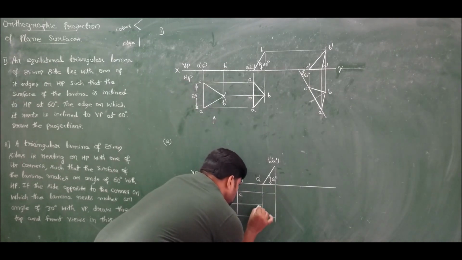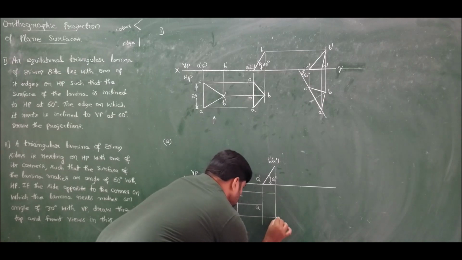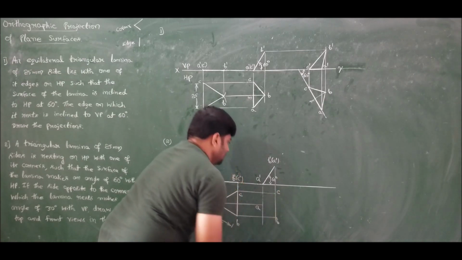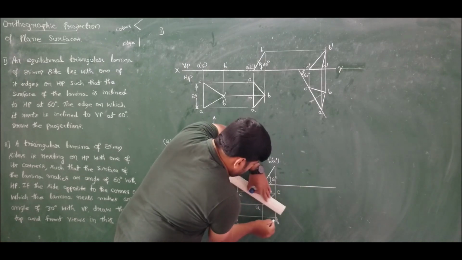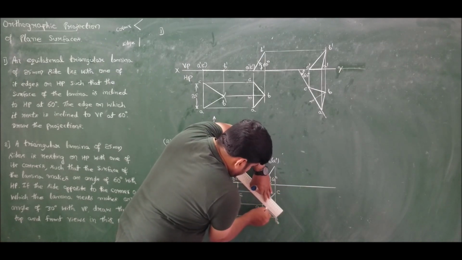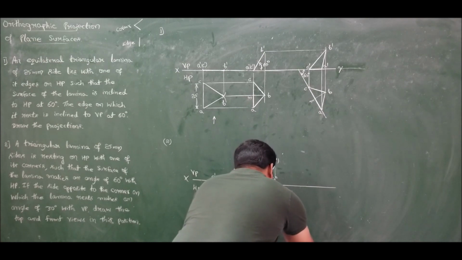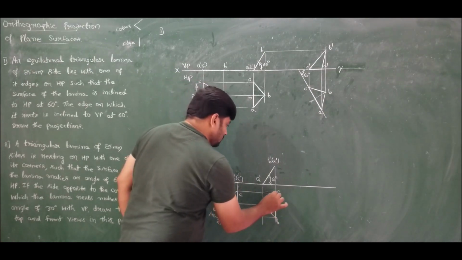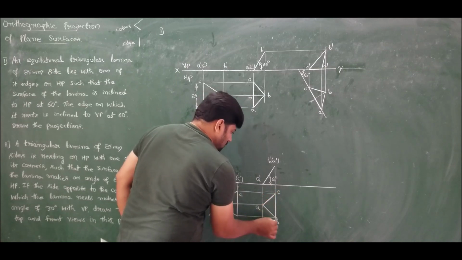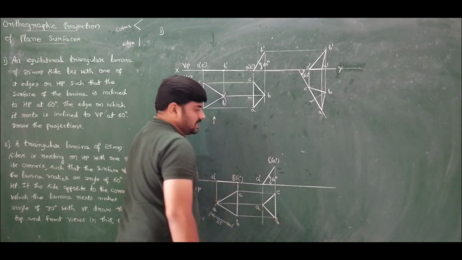So I got A, B and C. Now join this with a very thick line to get the lamina in the second position. I got the second position.